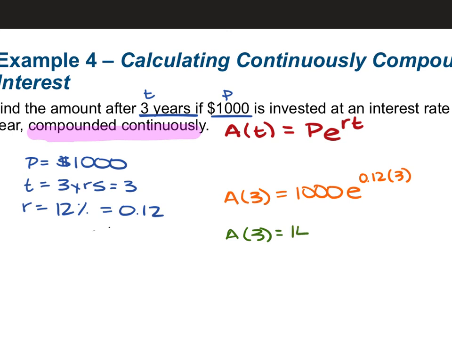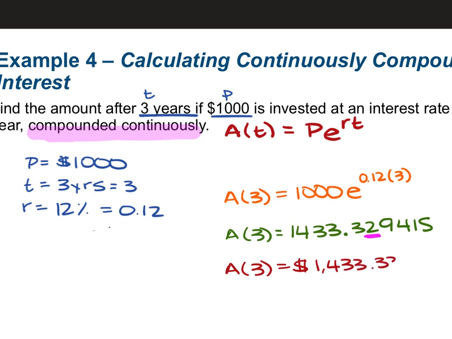We get 1433.329415. We are working with money, which means round to the nearest hundredth. So A of 3 is $1,433.33.